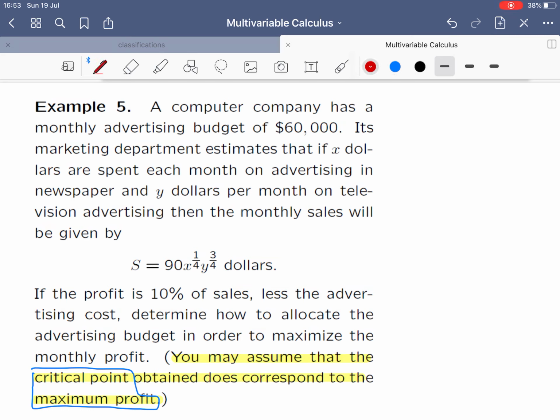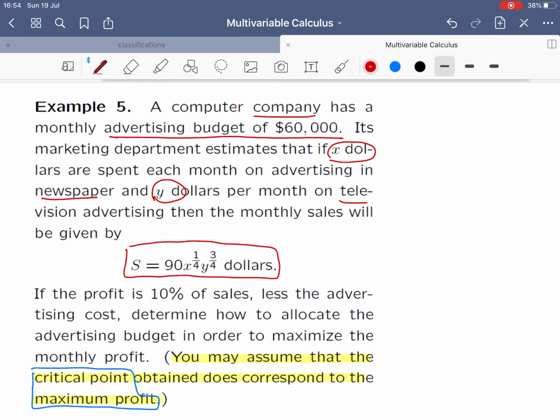This one says that a company has a budget for advertising of 60,000 dollars, with x dollars spent on newspaper and y dollars spent on television. After doing this advertising, the monthly sale will be 90 x raised to the power 1/4 y raised to the power 3/2 dollars.